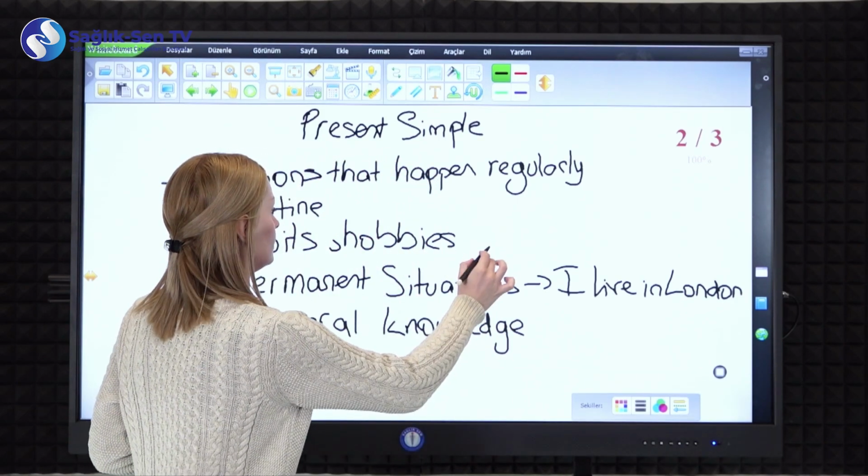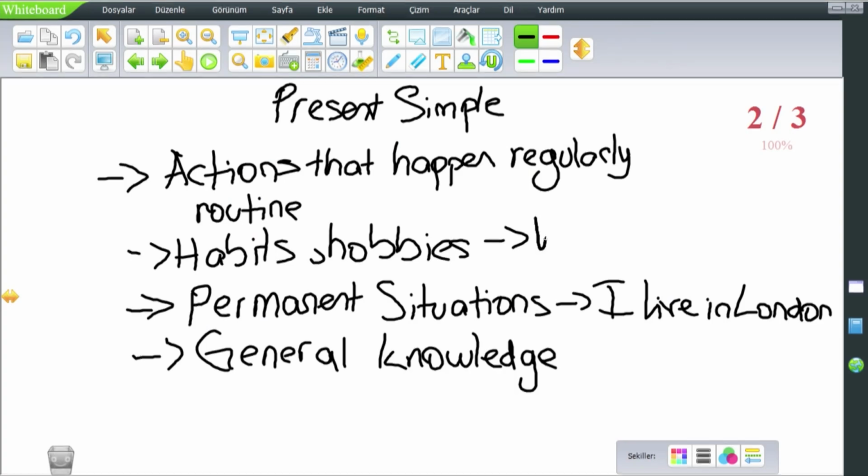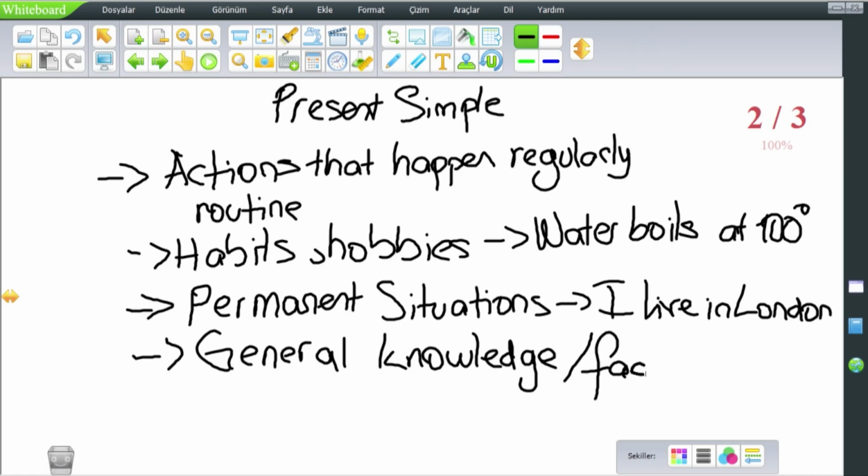Like, I'm going to write my example here. Water boils at 100 degrees. This is a fact. When we're talking about general knowledge and facts, we use present simple.